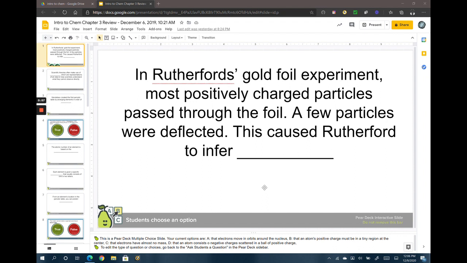The correct answer should have been B, that an atom's positive charge must be clustered in a tiny region in its center. So as those particles passed through and got sharply deflected, that showed that there was that positive charge very clustered in a tiny region, the center of the atom.